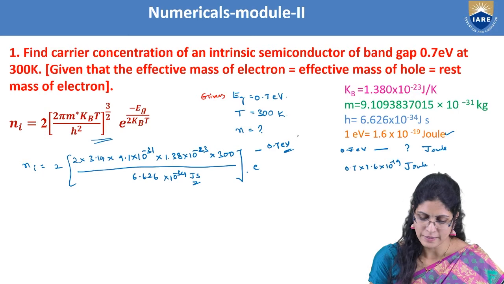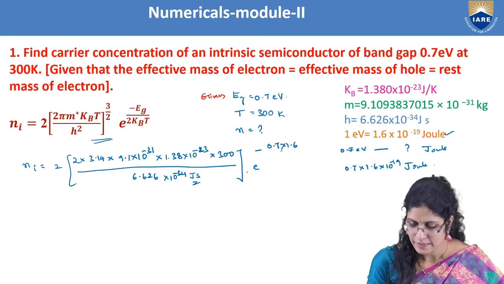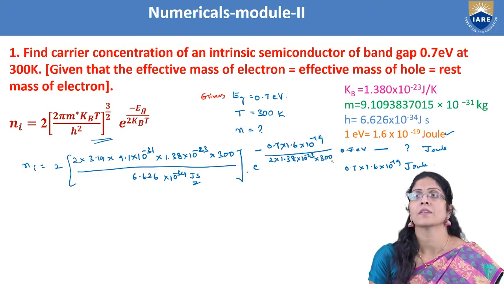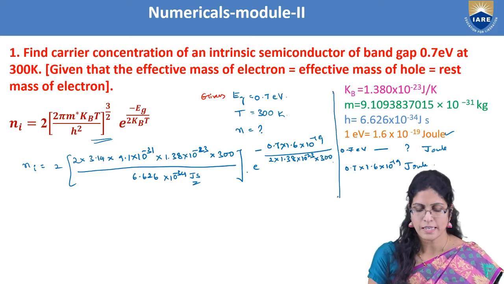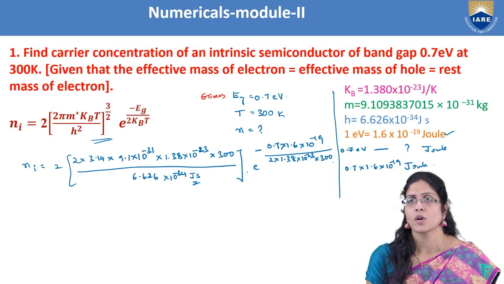Just substitute that here as 0.7 into 1.6 into 10 to the power of minus 19 by 2 into kB, which is 1.38 into 10 to the power of minus 23 into 300. Okay, so this is a substitution. Just take your calculator, solve it out.